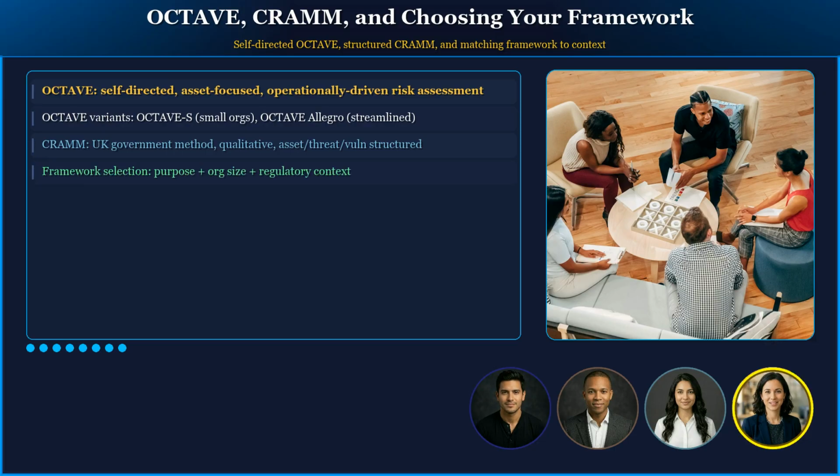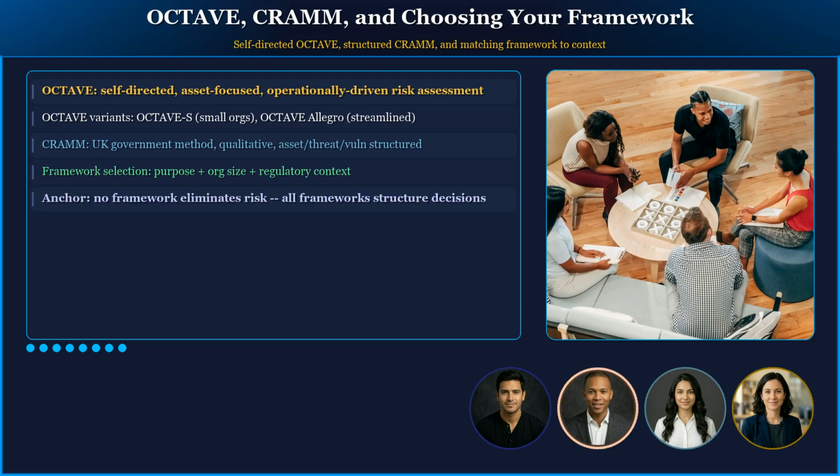Framework selection is commonly tested on the CISSP exam. The right answer depends on 3 factors: what problem you are solving, the size and structure of your organization, and your regulatory context. For federal systems, NIST Risk Management Framework. For international compliance and governance integration, ISO 31000.